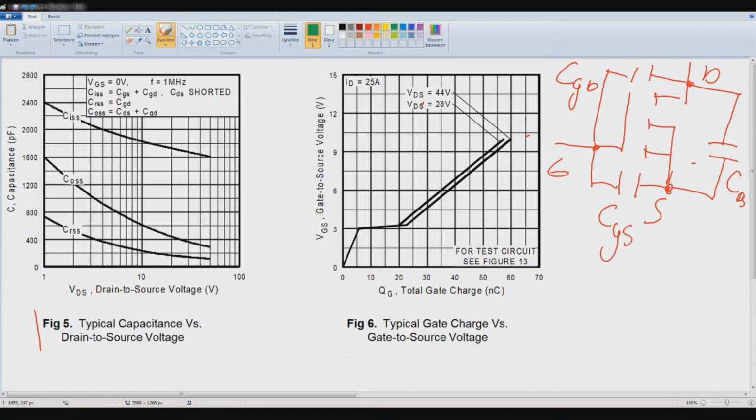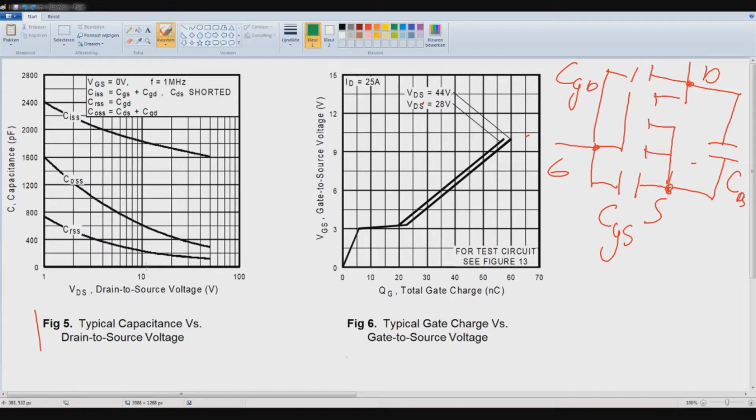As you increase the drain to source voltage, the capacitance at gate to drain then decreases with this corresponding line, and this is pretty good to know for the gate capacitance you are going to use.